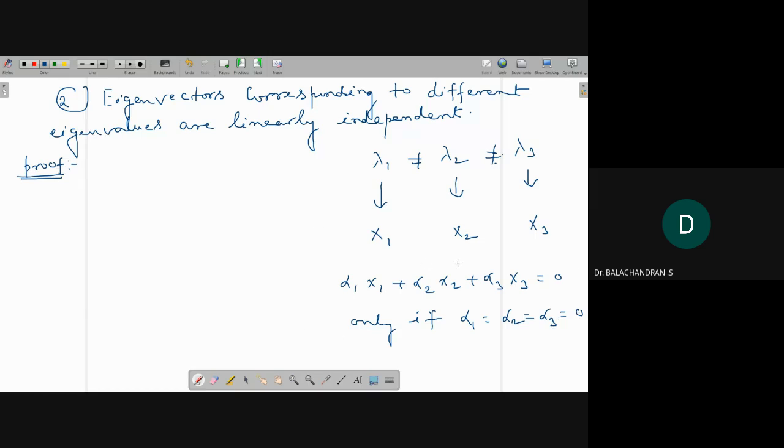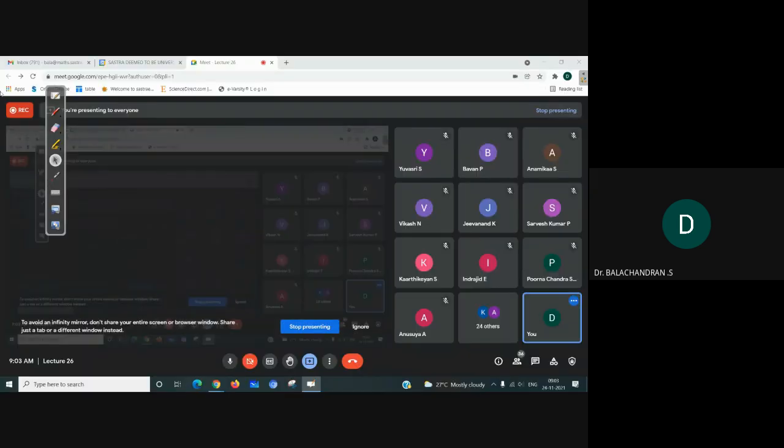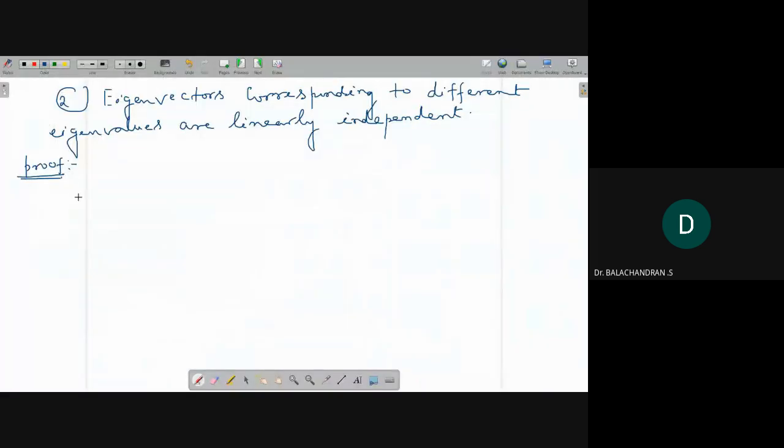So you should recall the definition of linearly independent vectors. Now I am going to use this idea to prove this property. So proof, please write the proof.